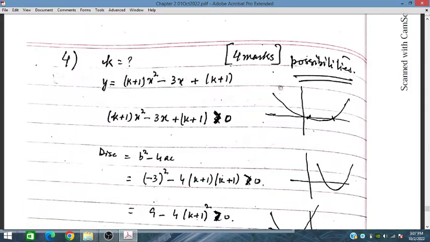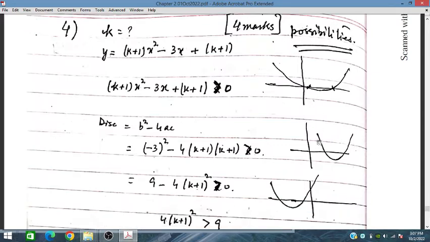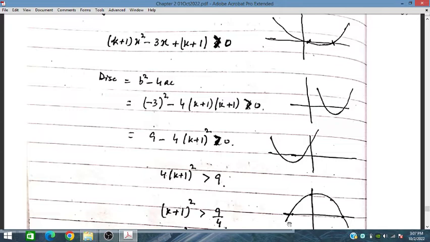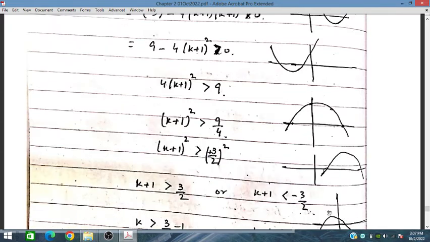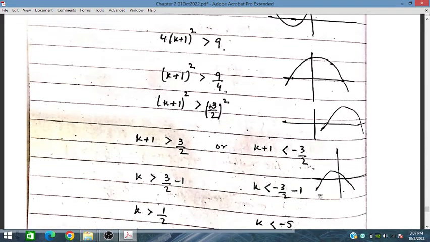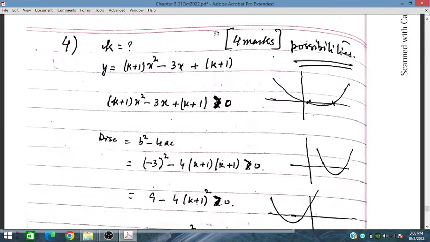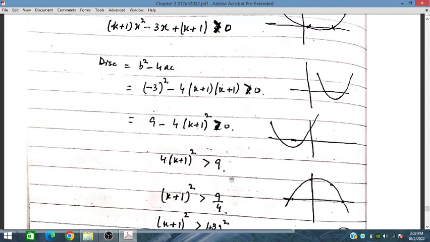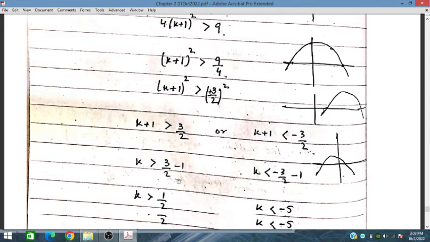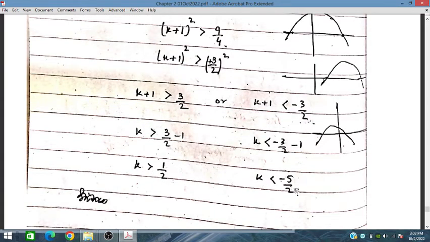The possibilities of k are this, or this, or this. Here we have this, so we can set it like this. For these conditions, the discriminant is this, and from there we have k values of half and minus 5 by 2.